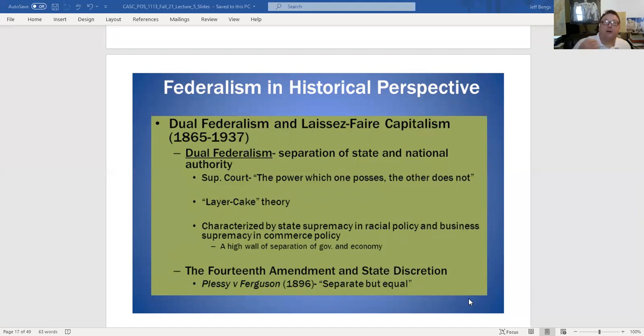So this was another Supreme Court case that favored the state's rights. There was only one judge who dissented in this. His name is John Marshall Harlan. And in his dissenting view, he had some pretty harsh words for his fellow judges. What this basically did was endorse government-based racial segregation.